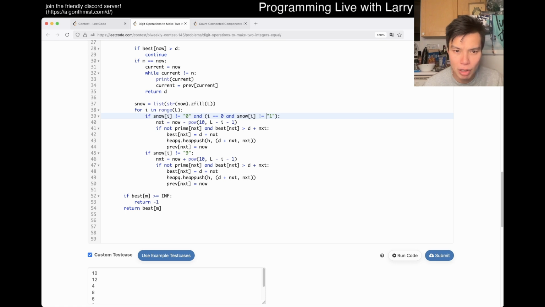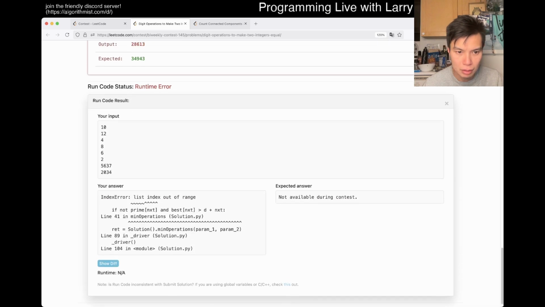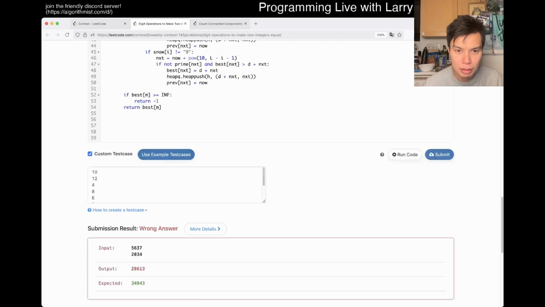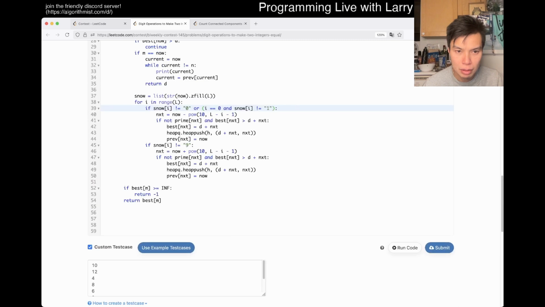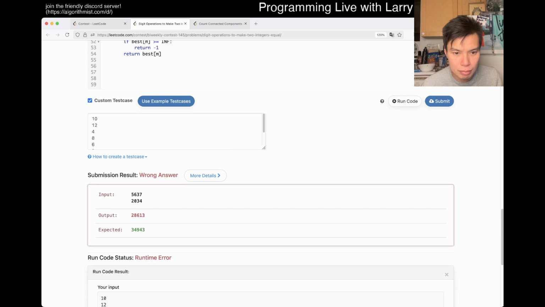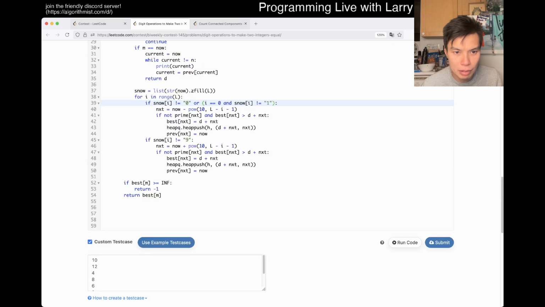Oh well, this is just wrong. This is an OR statement. This index out. That's odd. 941.